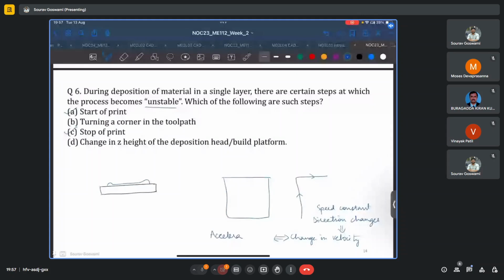Thus, because of the change in speed, or almost a sudden stop-like motion achieved at the corner itself, the process becomes unstable. And how this materializes in a build is that, say you wanted to print a cube, but you'll find that the ends are bulged and it's almost like there is a dip in the center.